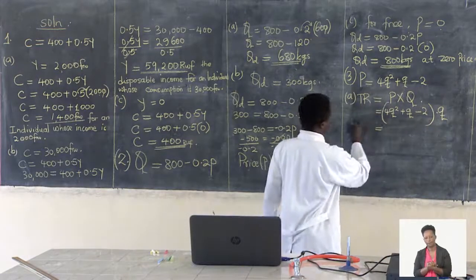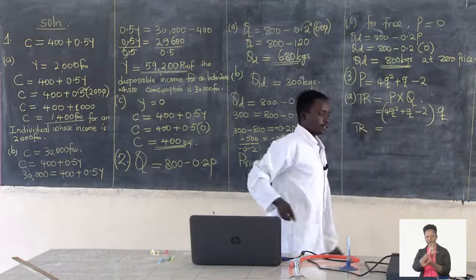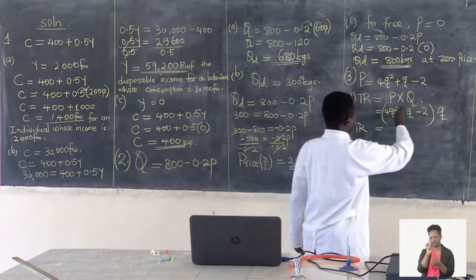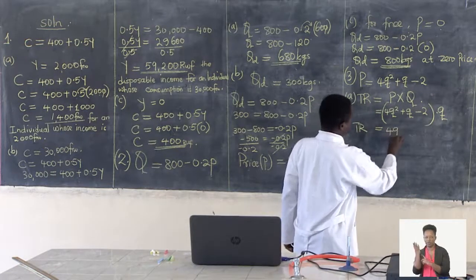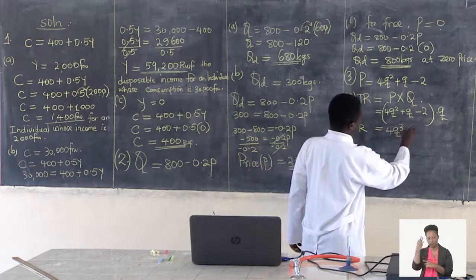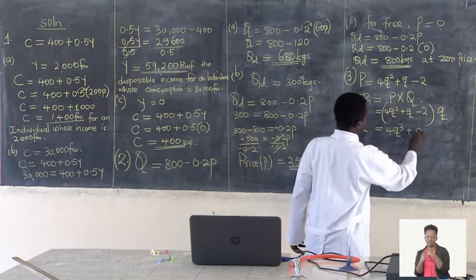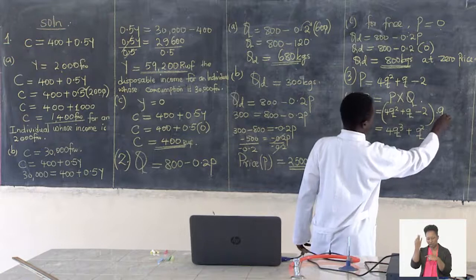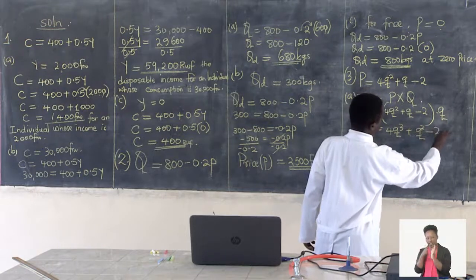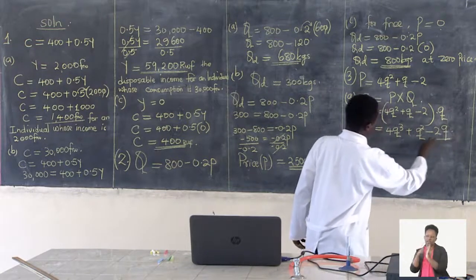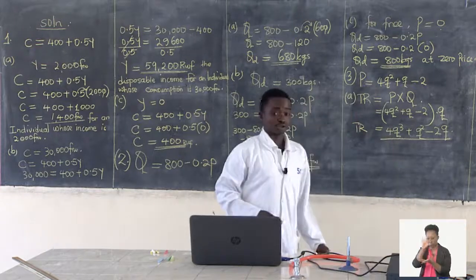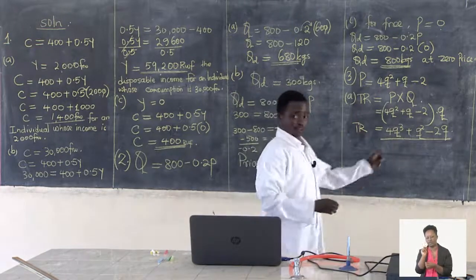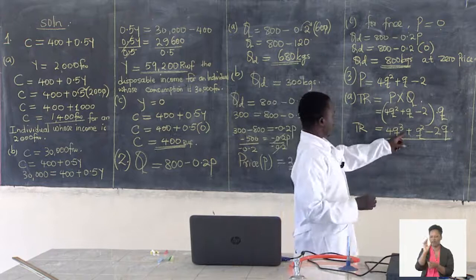You get 4Q cubed, plus Q times Q, which is Q squared, and Q times negative 2, which is minus 2Q. So this is the total revenue function of this firm.